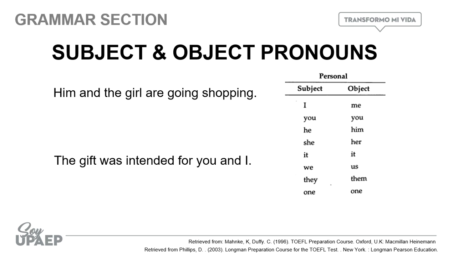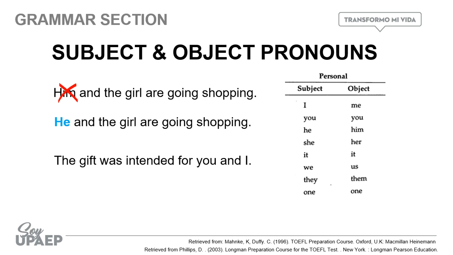So, the way that we have to correct this sentence is by crossing out him, because him is not a subject and we need a subject. So, the correction would be, he and the girl are going shopping.